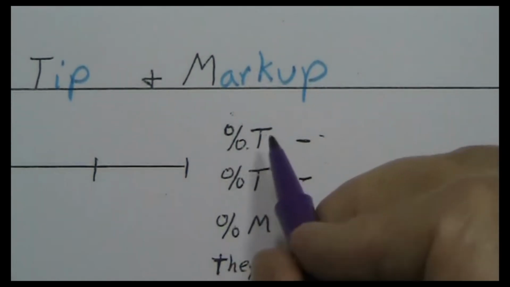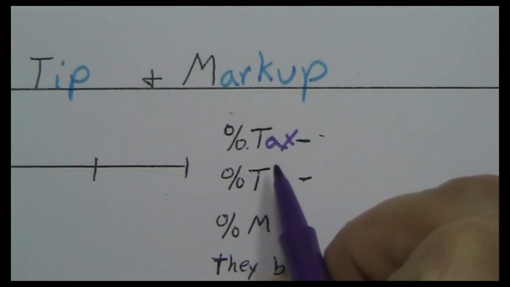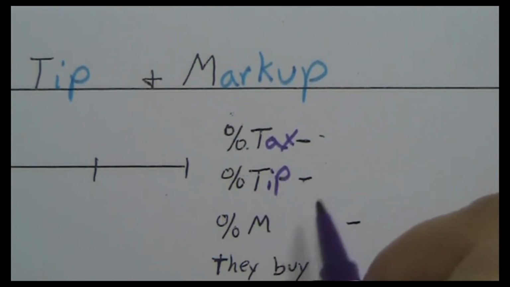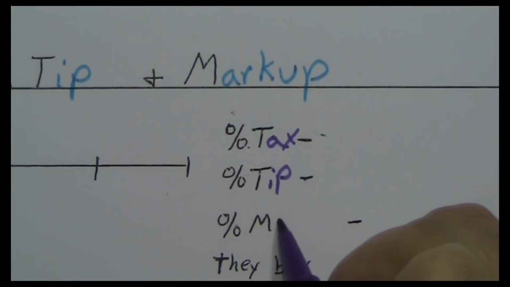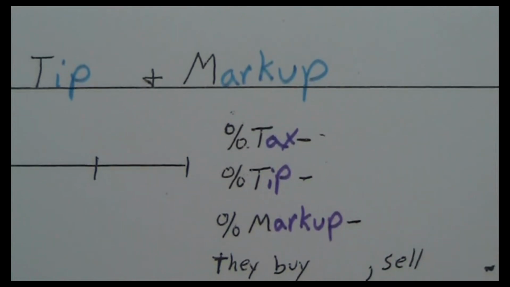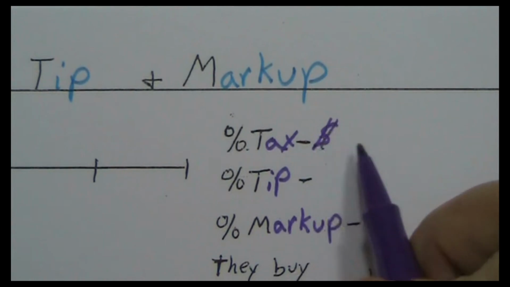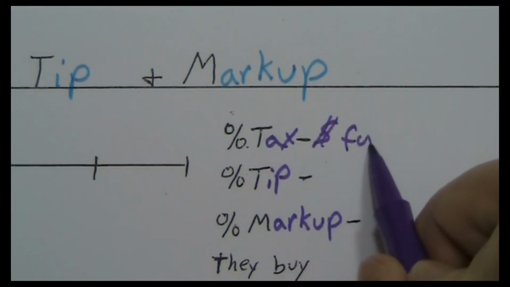So we have percent tax, percent of tip, and then markup. So with tax, that's just money for the government.